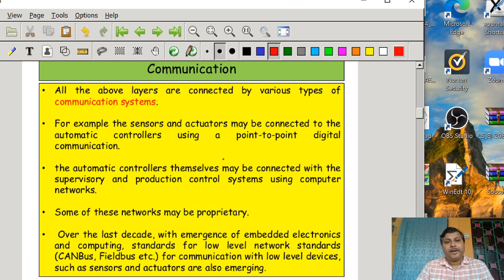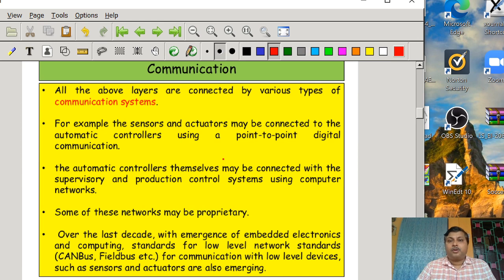You will find that several controllers are there in a factory or a process industry, so how are they supervised? They are connected to computer networks. Some of these networks are proprietary. Over the last decade, with the emergence of embedded electronics and computing, low-level network standards, that is CAN bus, fieldbus, etc., for communication with low-level devices such as sensors and actuators are also emerging.